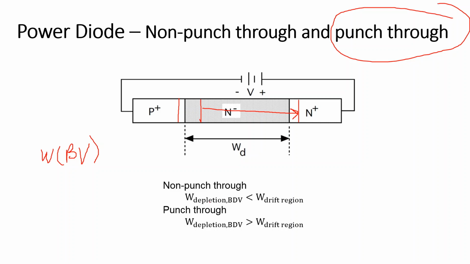So this is what is written here: if the width of the depletion region at breakdown voltage is less than the drift region width, then we have a non-punch through diode, and if the width of the depletion region at breakdown voltage is greater than the drift region, like in this case, then it is a punch through diode.